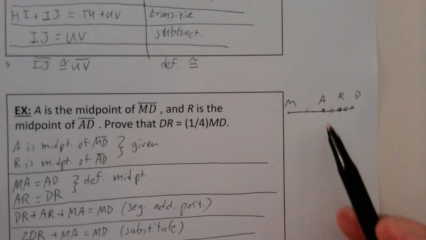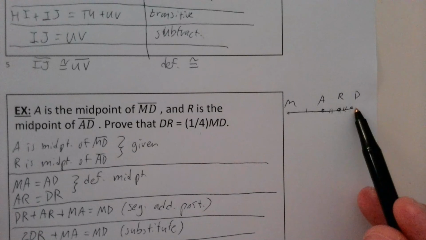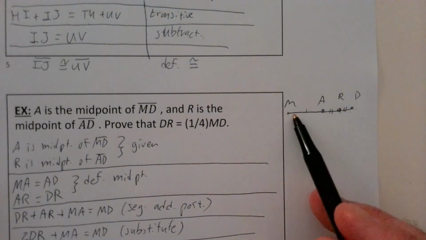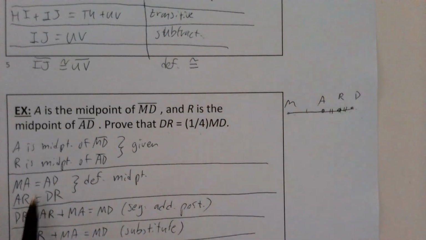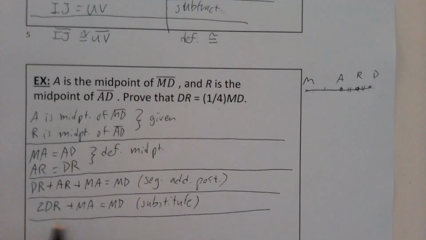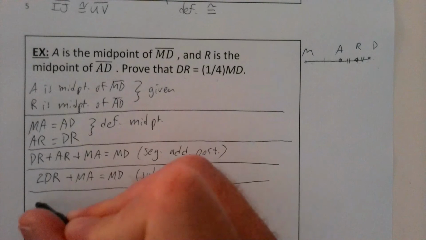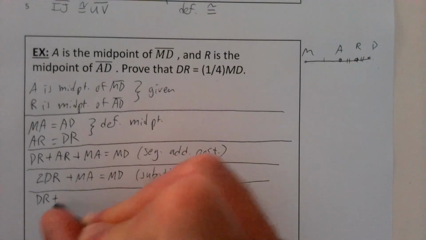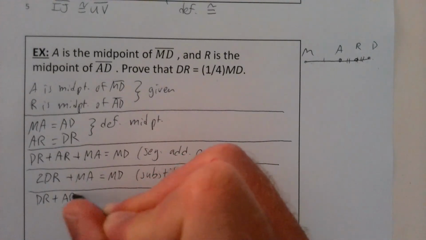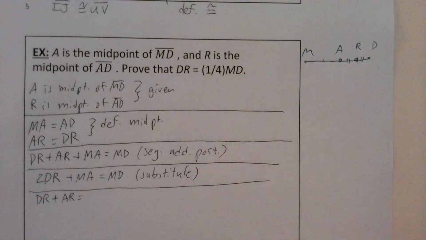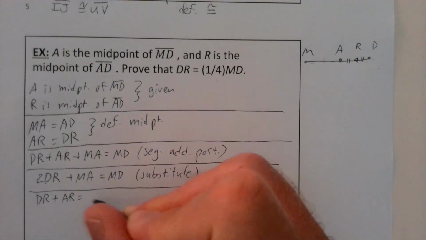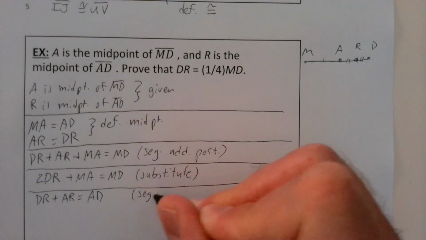And I know that AD and AM are equal by definition of midpoint. So where did I put this here? I guess I should add a step. I could say DR plus AR equals AD. Another segment addition.